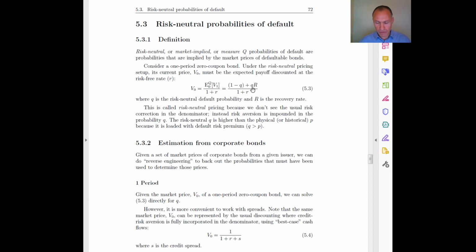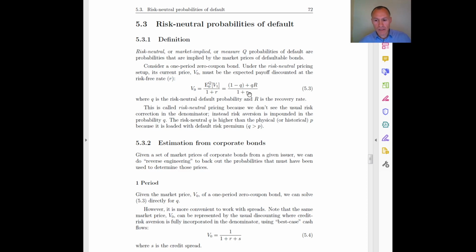So if the bond defaults, I will get just the recovery value. And with the remaining probability, so one minus that probability, the bond will stay alive, so I'll get the full face value, so it will be this thing times 1, right? So this is the expected value. And then I'm going to discount the expected value at the risk-free rate, okay?